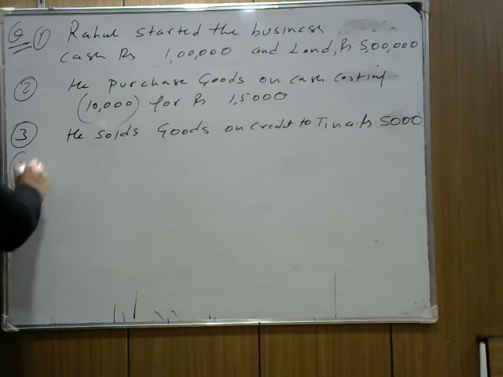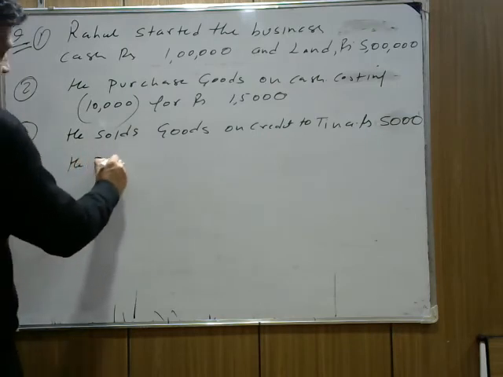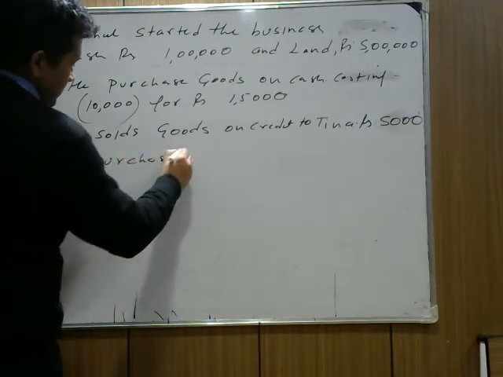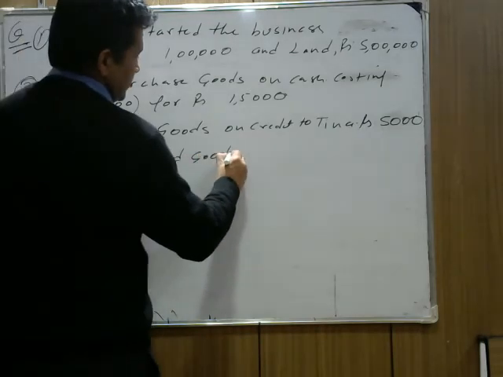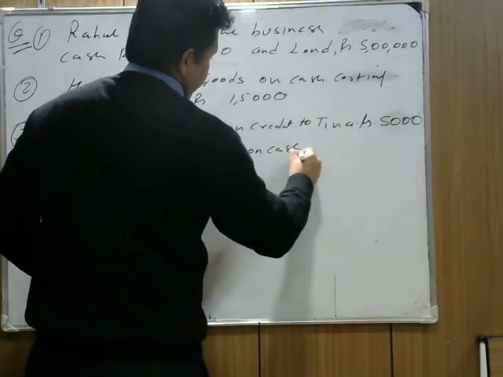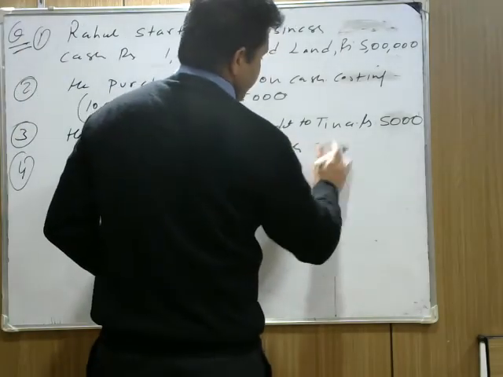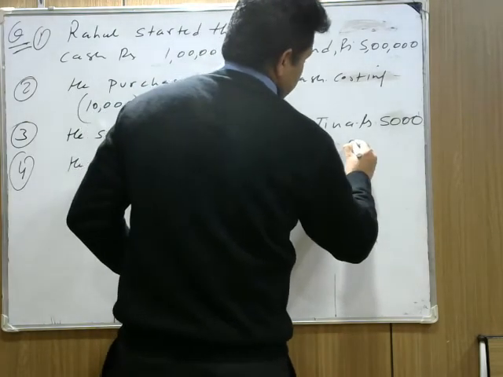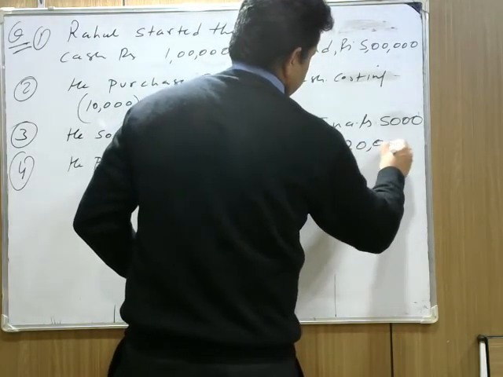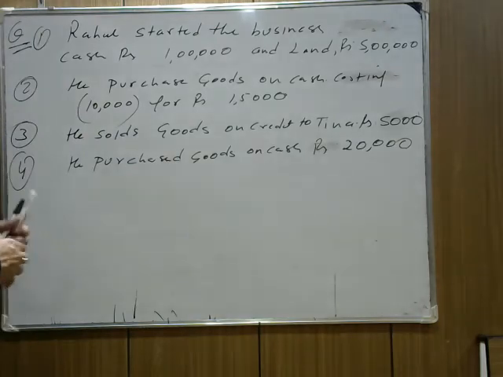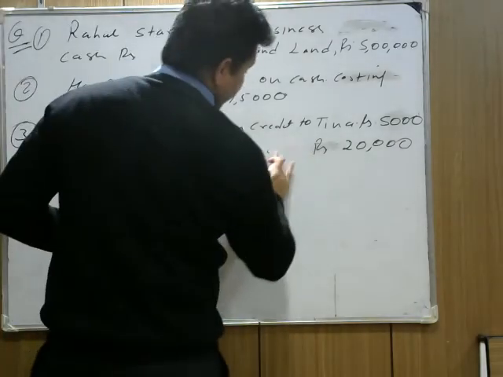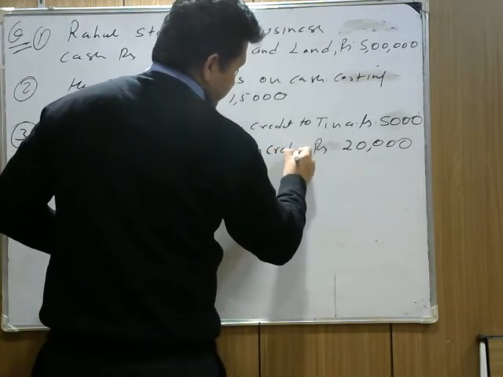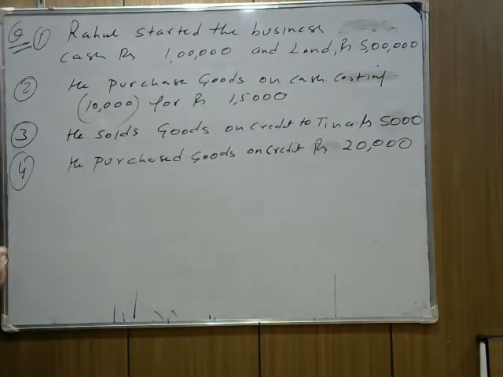Fourth transaction is he purchased goods on credit, rupees 20,000.